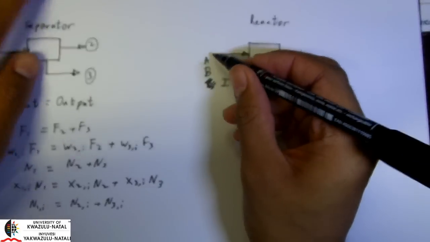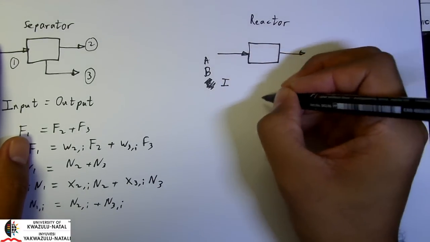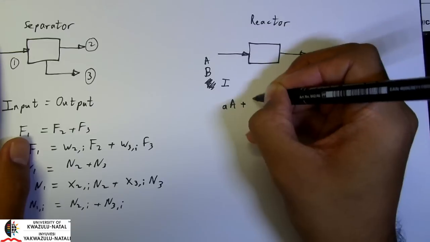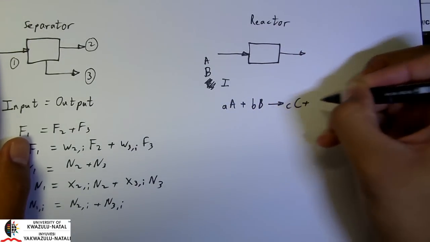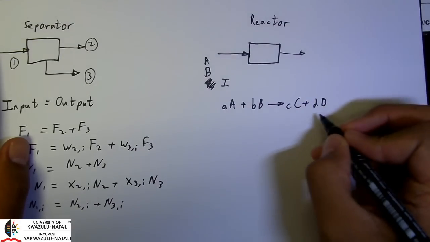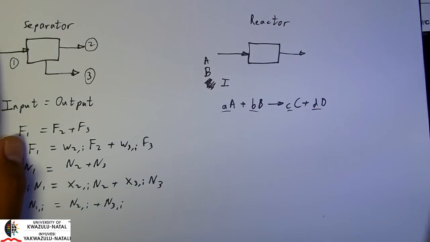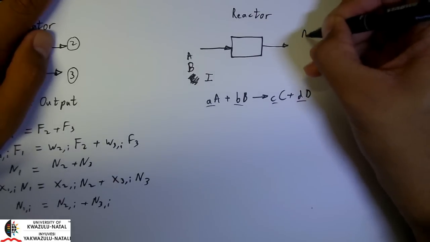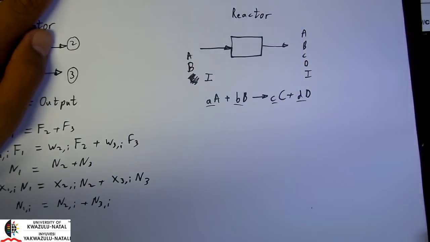Okay, so let's say for example we have a reaction occurring in this reactor and the reaction is arbitrarily aA plus bB becoming cC plus dD, and the small a, b, c, d are my stoichiometric coefficients. So what's coming out of this reactor will be A, B, C, D, and still I.